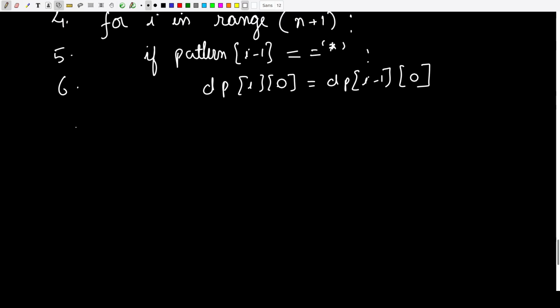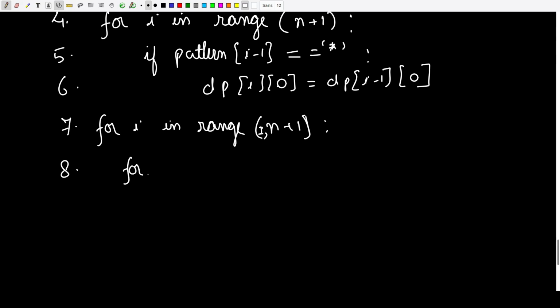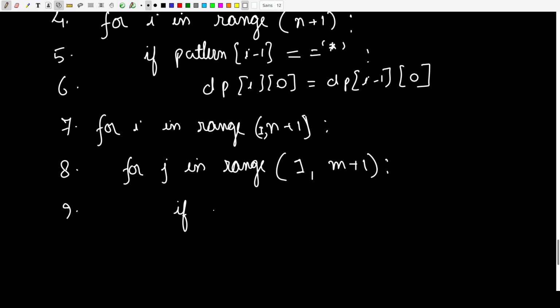And now let us iterate for the rest of the cases. So for i in range of n plus 1, starting from the first character, and for j in range of 1 to m plus 1, the first thing we check is if the pattern of i equals star.